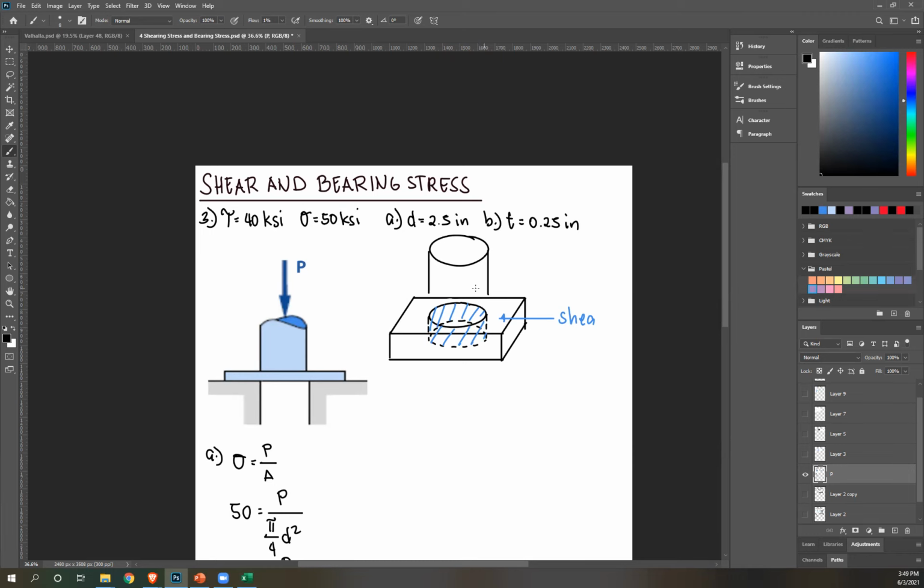Yes, V equals tau A is another equation for this.